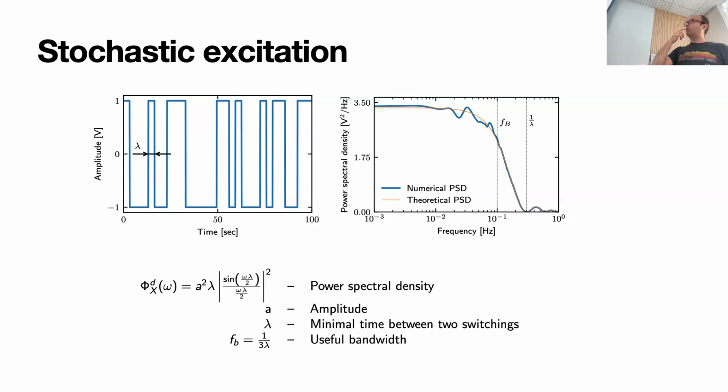So I was talking yesterday about this telegraph signal, and there is this lambda parameter. This lambda parameter is important, but just to see how we can generate this, it's at every lambda seconds. This lambda can be really, really small, like a microsecond or a nanosecond or whatever, or 100 seconds.